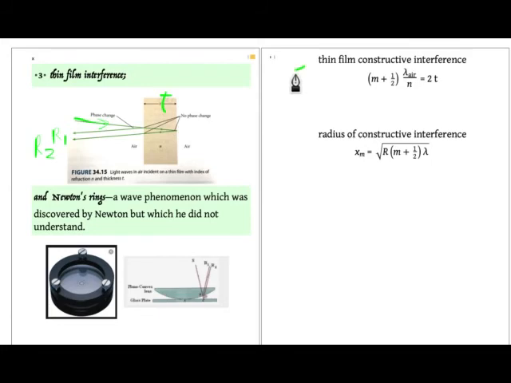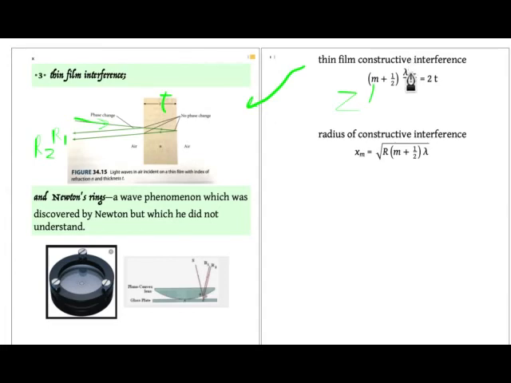Here's the equation for thin film constructive interference. (m plus a half) times lambda divided by n equals 2t. Again, m is an integer, so m is 0, 1, 2, 3, 4, and so on. Lambda is the wavelength in air. The wavelength in the glass is a little different.